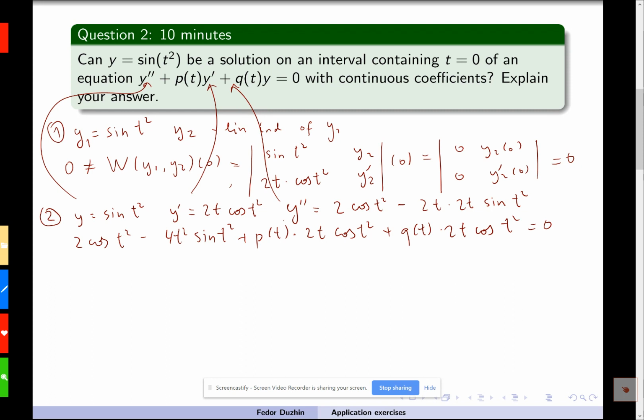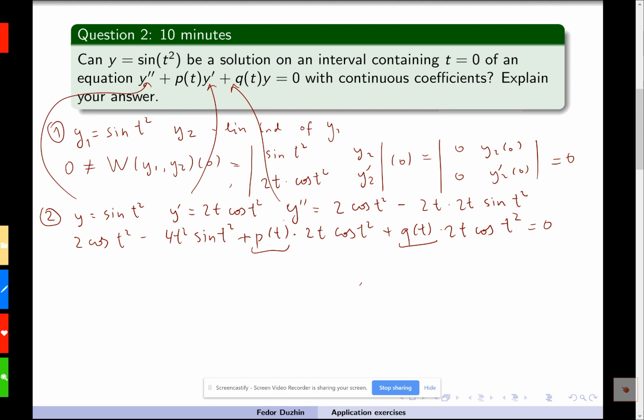Of course, it seems that the left-hand side is not really 0, and the right-hand side is 0, but we need to carefully prove that it is impossible for the left-hand side to actually be 0. Notice that here we have p of t, which can be anything really, and q of t that again can be anything. So we need to make sure that it is impossible to find p of t and q of t such that the left-hand side becomes 0.